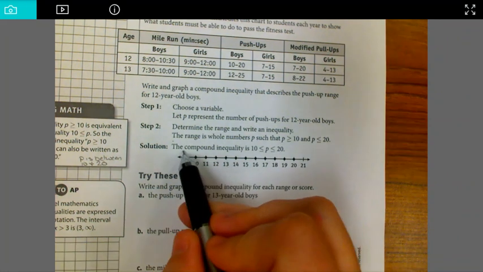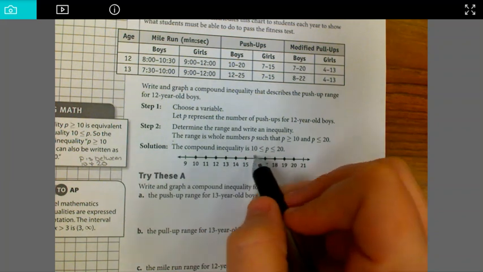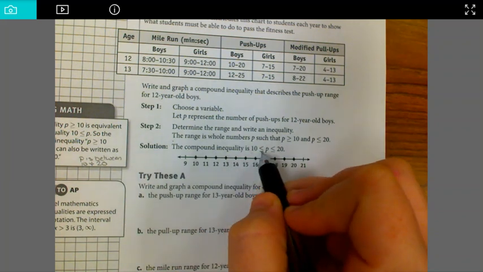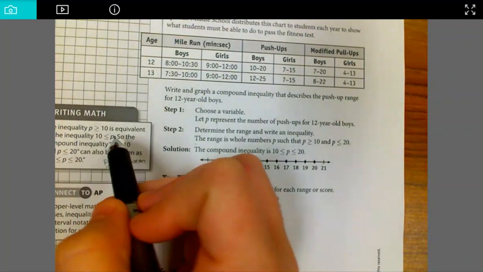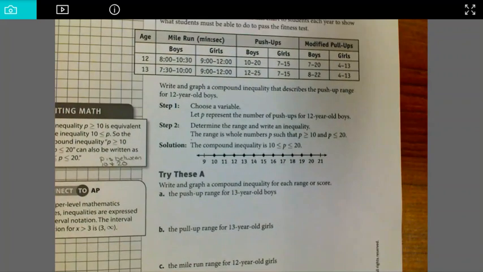So when I go to write this, the compound inequality is 10 less than or equal to P, because remember we said we could write it reversed, okay, which is less than or equal to 20. But please note, because we are talking about push-ups, these are individual points. These are not the whole line in between.